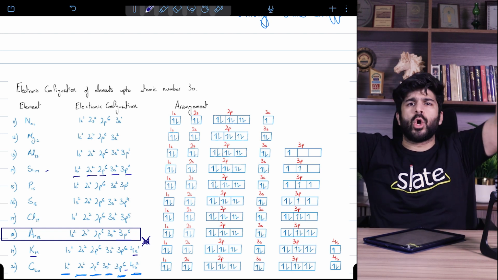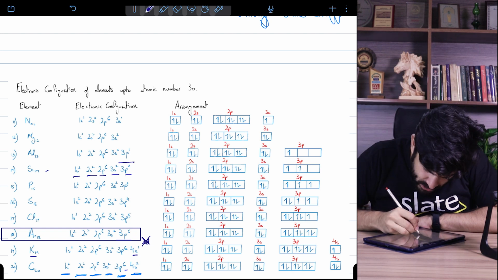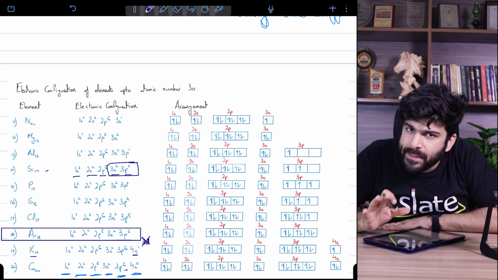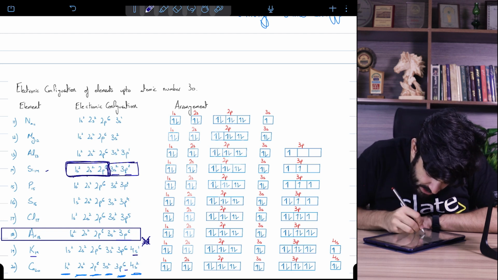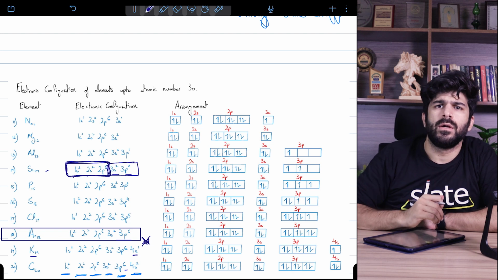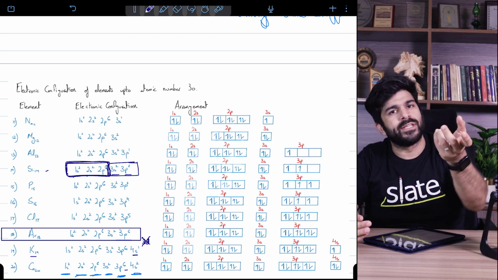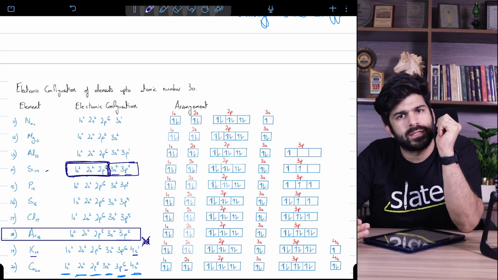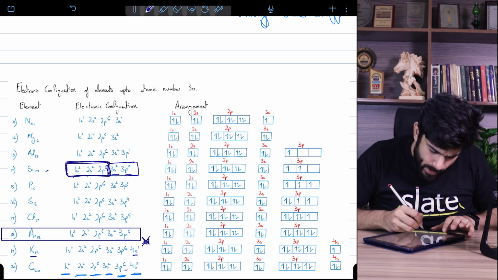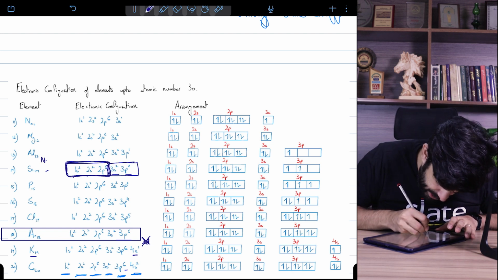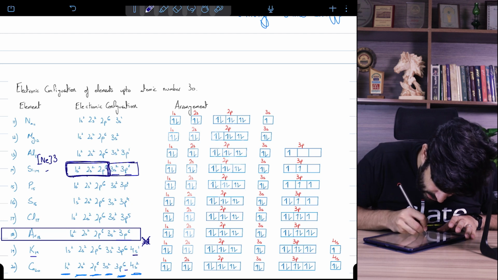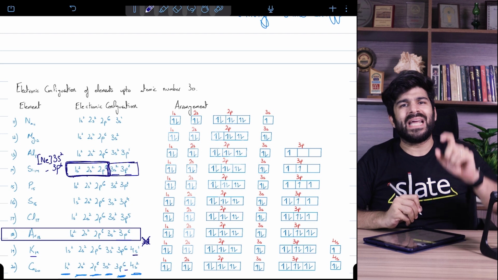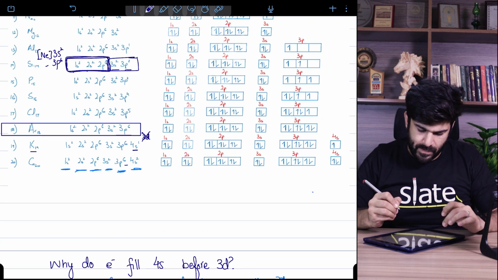It will go longer and longer. अब ये तो outermost है. I need to see them in my answer. But these are of no use to me. These are from the different shell. And they have the configuration of a noble gas. So what would I rather do? I would rather write neon in a square bracket and then 3s2, 3p2. So we use noble gases as checkpoints.